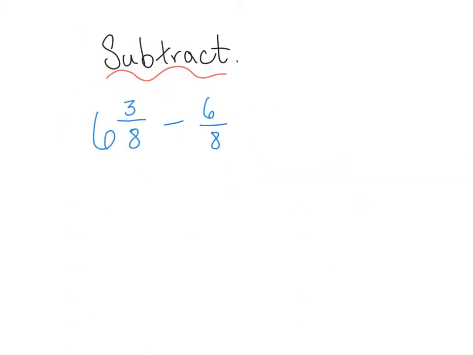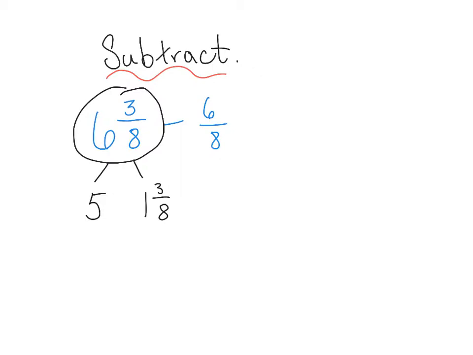All right, our next one is subtracting 6 3/8 take away 6/8. So we're going to go back and we're going to be decomposing 6 3/8, all right? And we're going to pull those 5 wholes out of there, and that means we're left with 1 3/8.